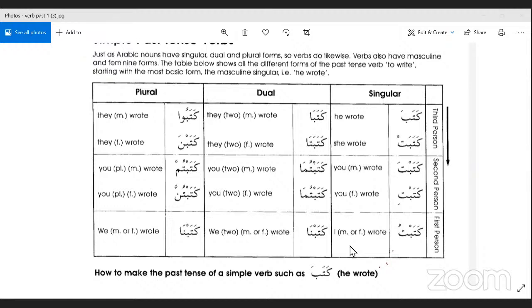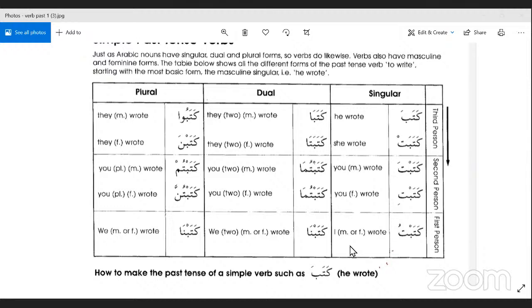So you two males wrote, or you two females wrote. Katabtum is if it's more than two males. So at the end it will come with the tum, and it means more than two males did that work. So you wrote.